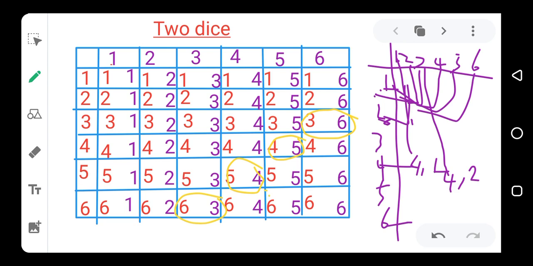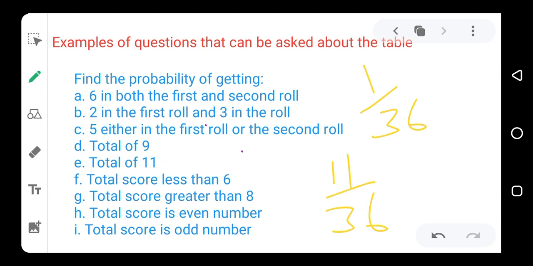In the vertical, 5 plus 4 gives us 9. And 5 plus 4 will give us 9. Okay. Then 6. 6 plus 3 gives us 9. And 6 on the other side, 6 plus 3 also gives us 9. So we have a total of 1, 2, 3, 4 outcomes that will give us 9.